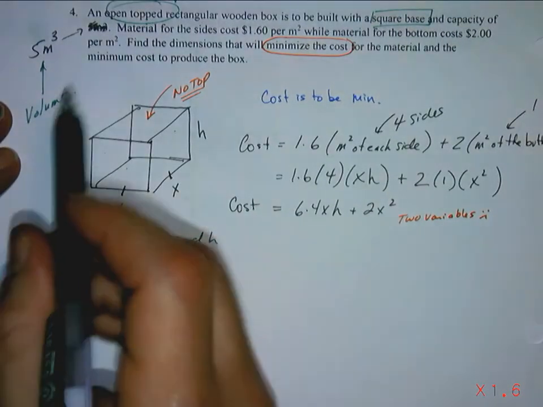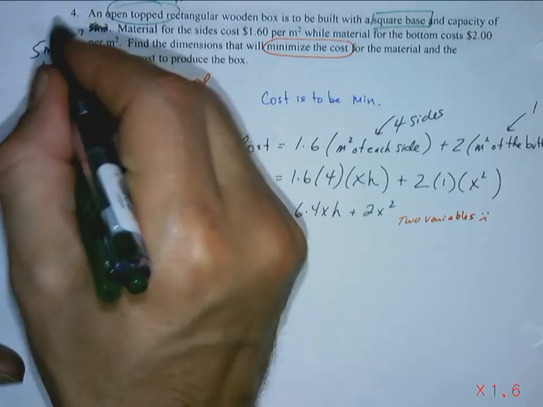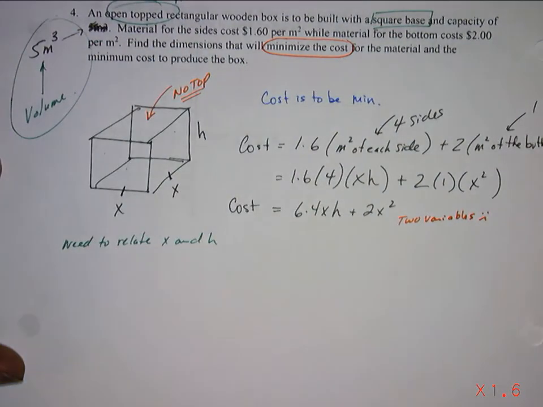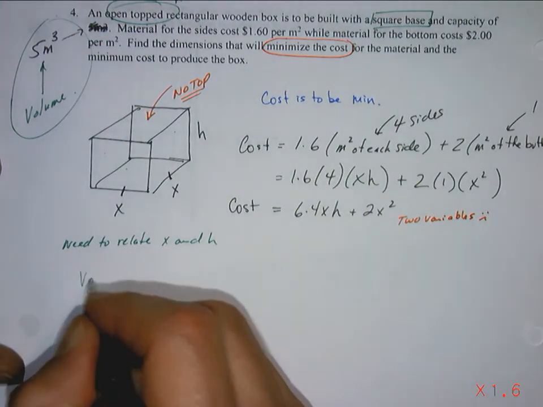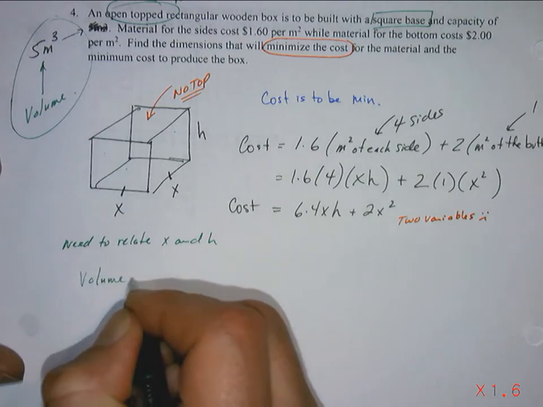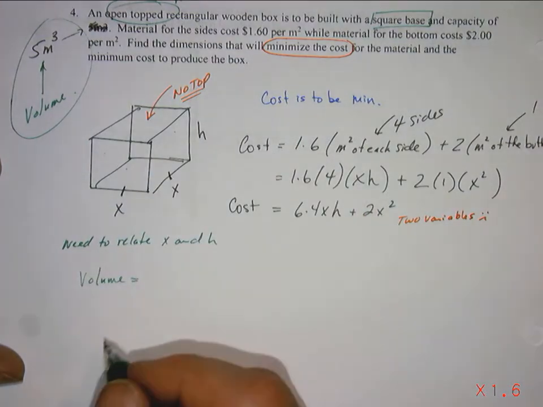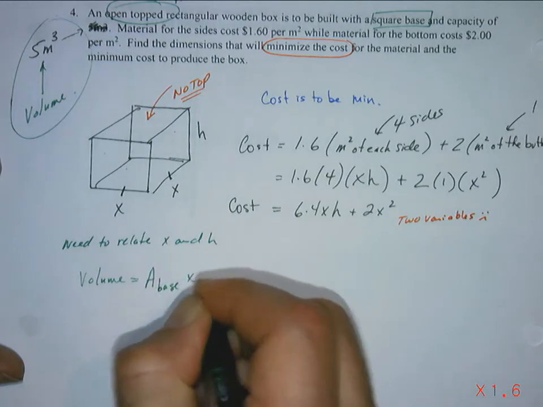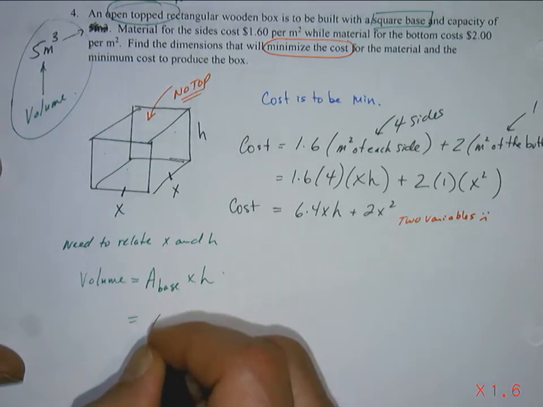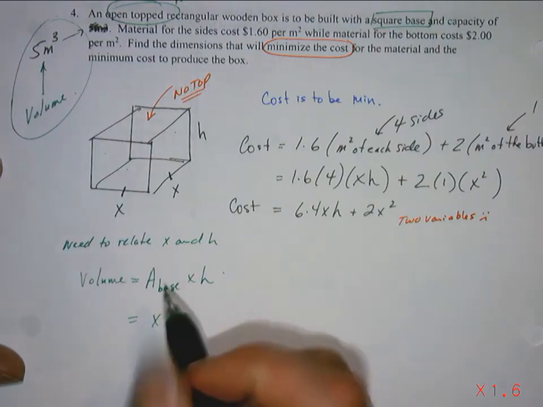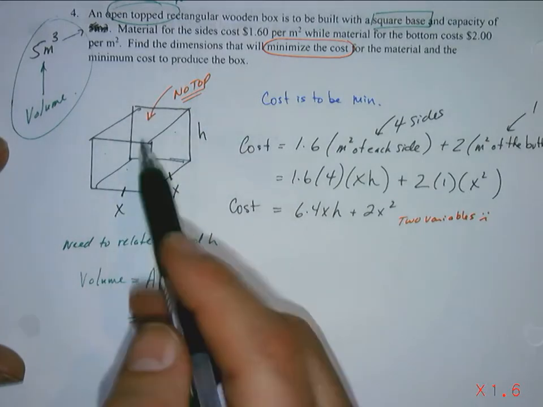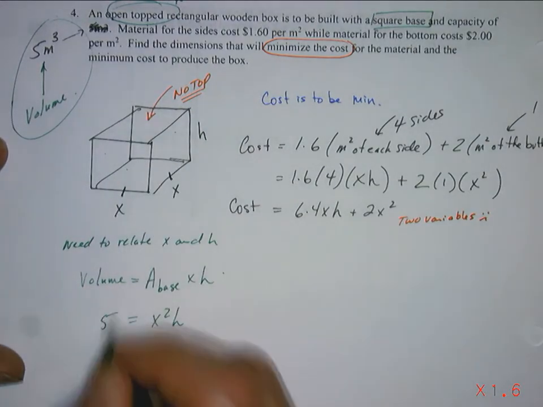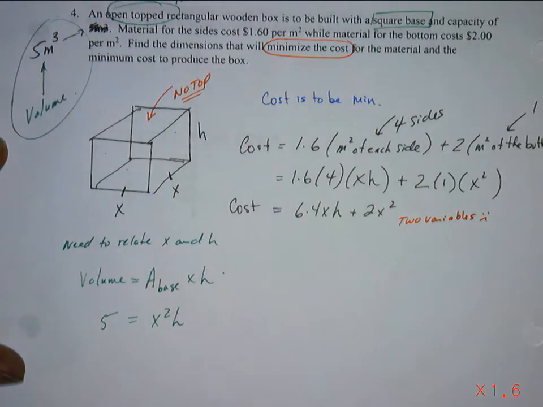So, looking back up for something I haven't used, I notice the volume. Well, the volume of a square-based prism is going to be the area of the base times its height, which is going to be x squared times h. And they told us that this particular wooden box had to have a volume of 5 meters cubed.